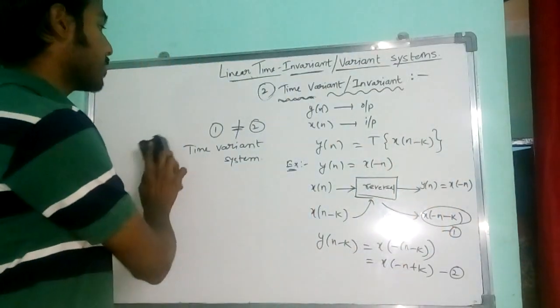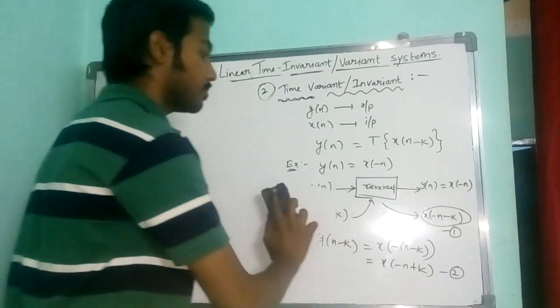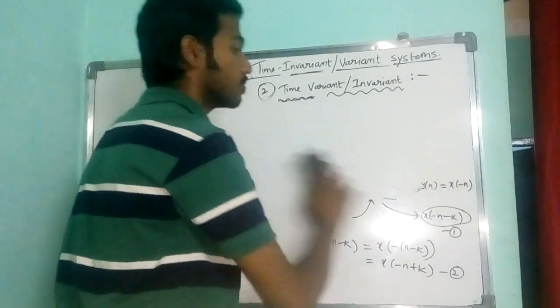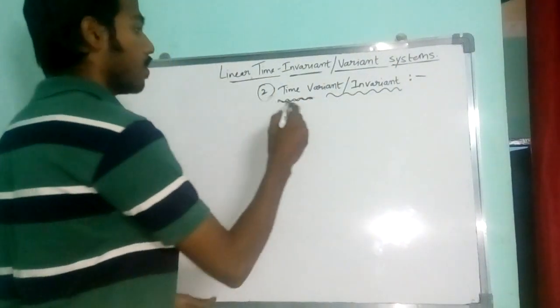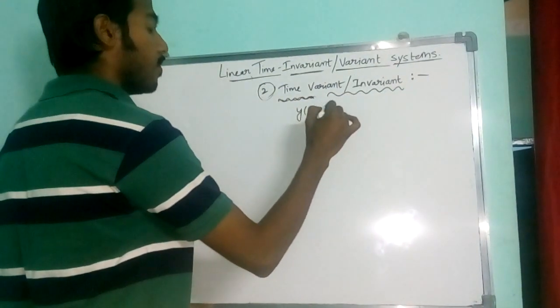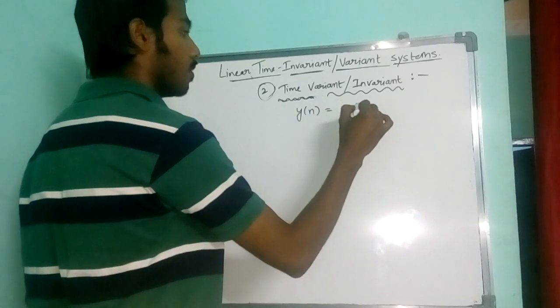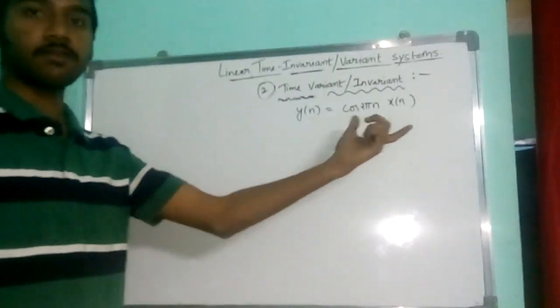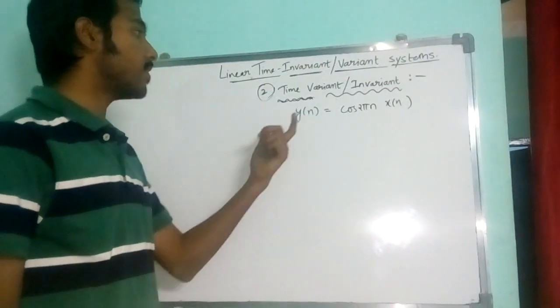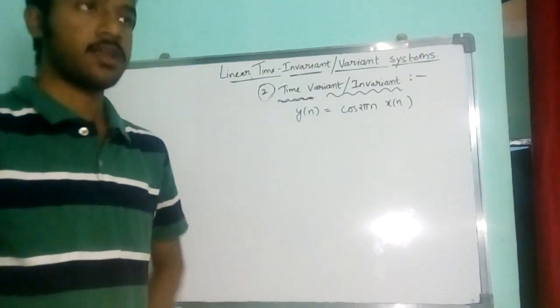Now let me consider another example. y of n is equal to cos 2 pi n times x of n. This is the given question, asking whether it is time variant or time invariant.